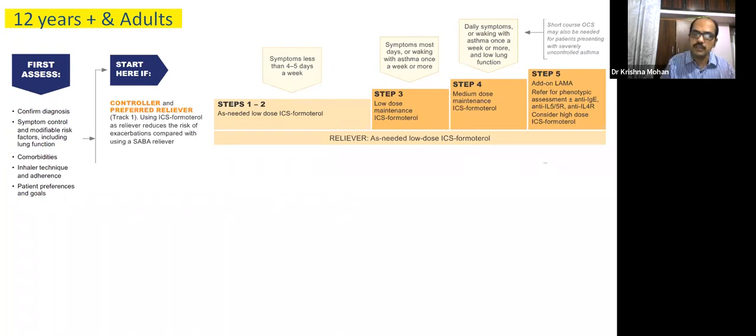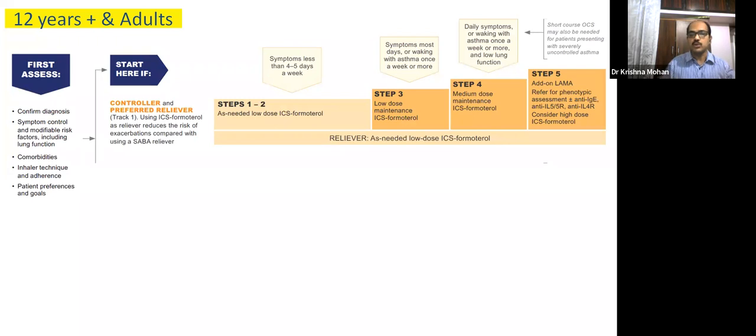So if you started with Areacode 100, that was a low dose. If you are not getting adequate control, you make it Areacode 200. So that is medium dose maintenance ICS for control. And if you're still not getting control, then you have to step up to step 5, where other options are available. As I already mentioned, the main important drugs are tiotropium, omalizumab, mepolizumab, and dupilumab, but these are very, very rarely used.